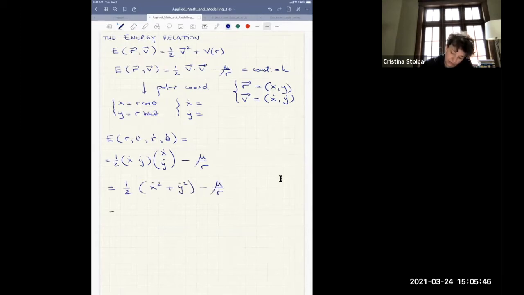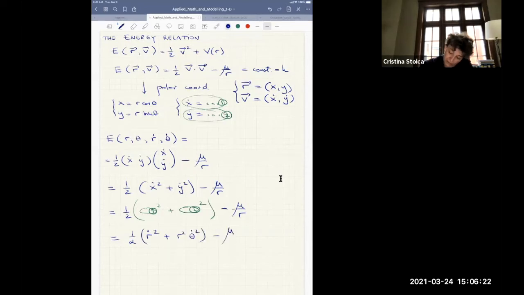Now we should take formula 1 and formula 2, put them here and square them. You square it, and you're going to discover that the result is one half r dot squared plus r squared theta dot squared minus mu over r.